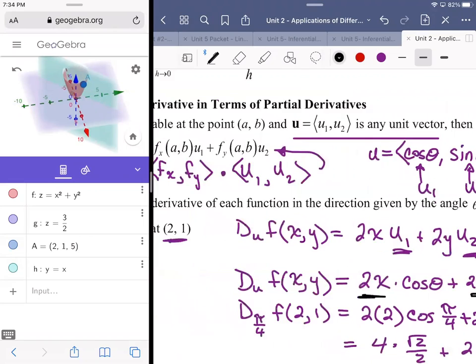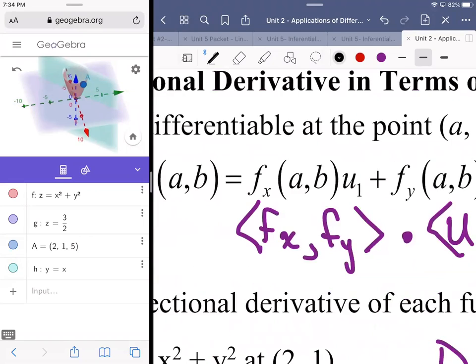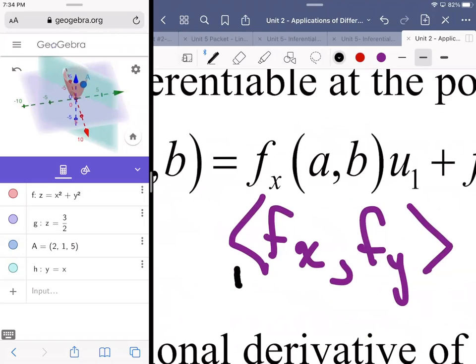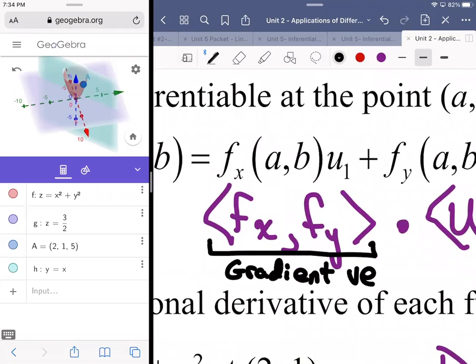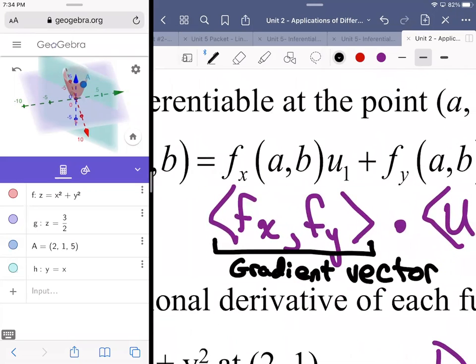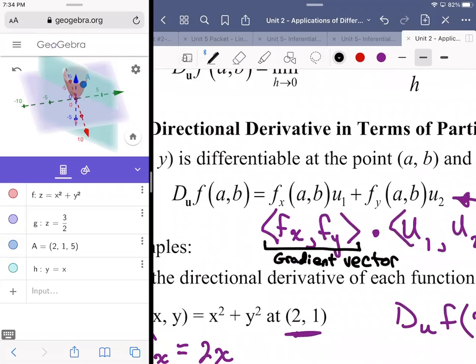But even before that, when I wrote a vector that had just the first order partials in it, what we were getting was the gradient vector.